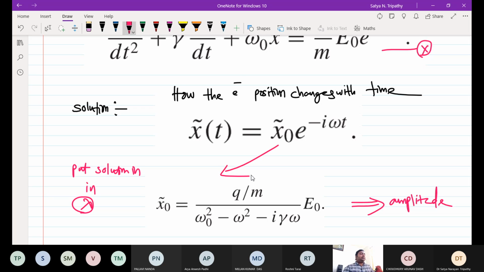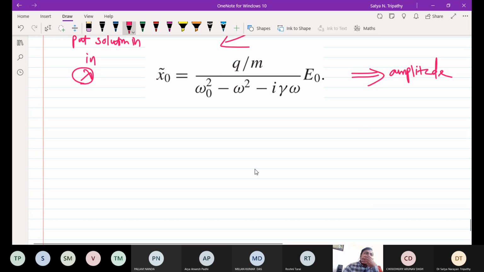What it says is that the amplitude depends on how much the electron will vibrate, because we are allowing the electromagnetic field to enter a medium. The electric field has some force, so the force will vibrate the electron, and how much that vibration is depends on charge, mass, the external frequency, and damping.